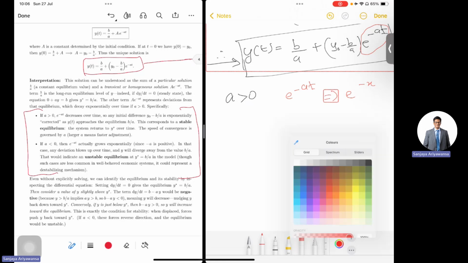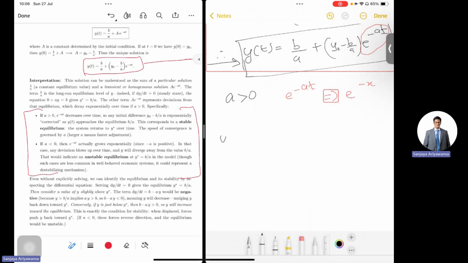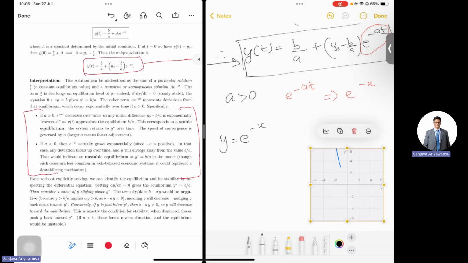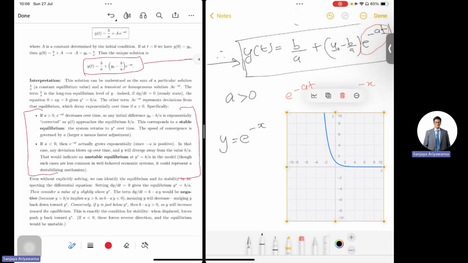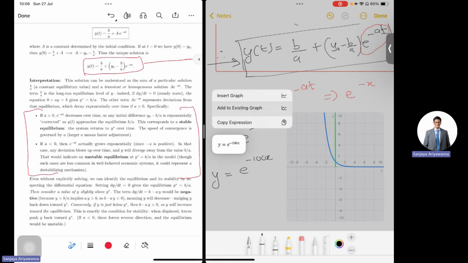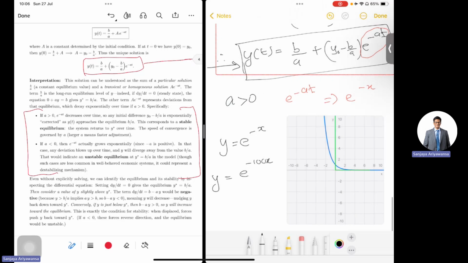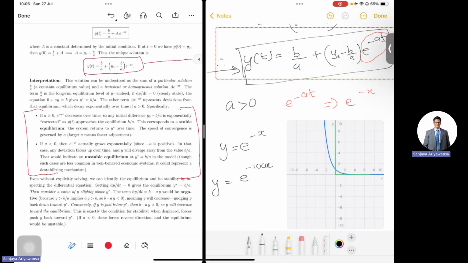So how do we graph e to the power minus x? Y equals e to the power minus x is something of this form. And if I increase the coefficient to minus 100x, let's see whether we get it. There we go. See, it quickly comes down.